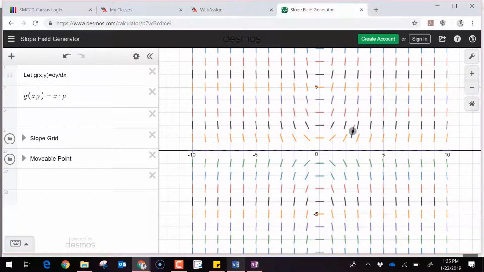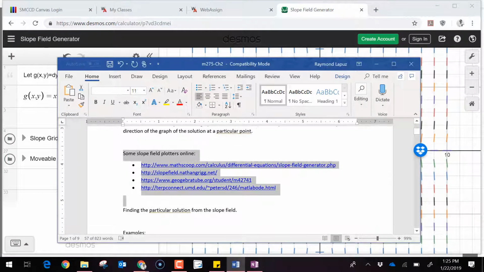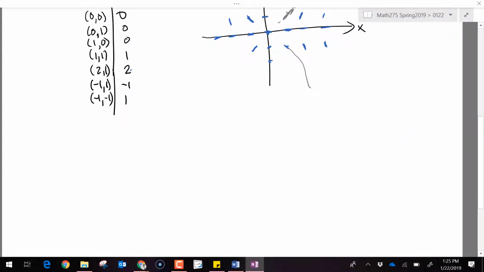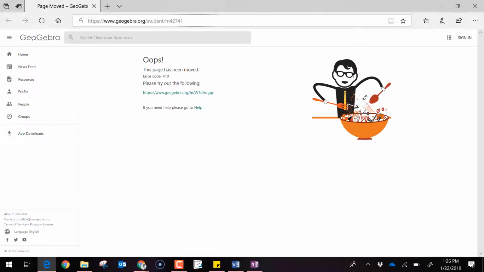Here are some of the ones that I looked up a few semesters ago. I'll put that in our notes. GeoGebra doesn't have it anymore. Oops.